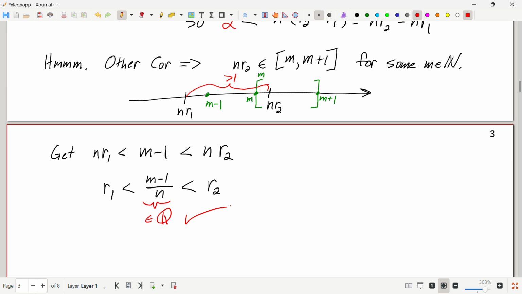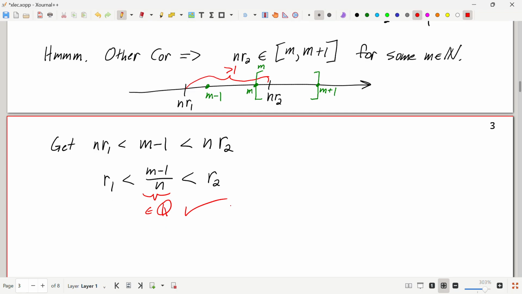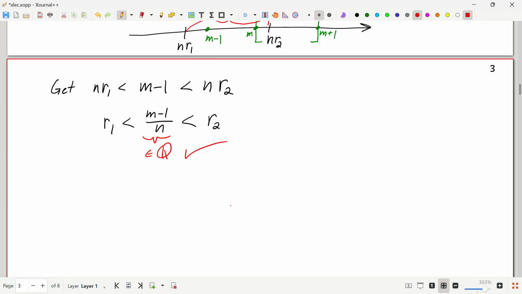Funny thing, now that we know that there's rational numbers plastering all over everything, we can find out there's irrational numbers also plastering everything. Dense. So, irrational numbers are dense too.